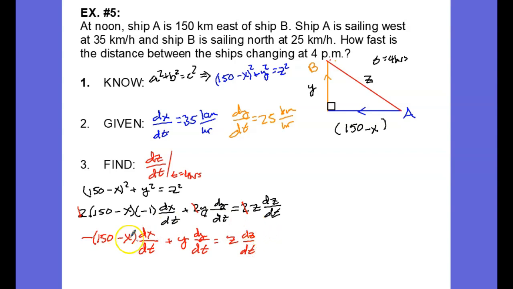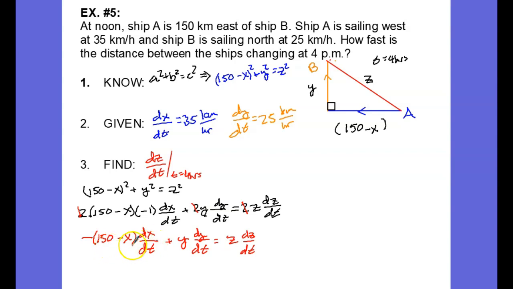So let's look at this equation and take stock. I know what dx/dt is. I know what dy/dt is. I'm looking for dz/dt, but I still have an x, a y, and a z that I have to plug into this equation, and I don't know what those values are.